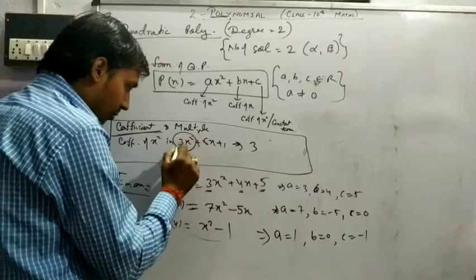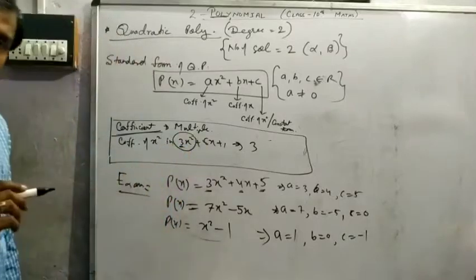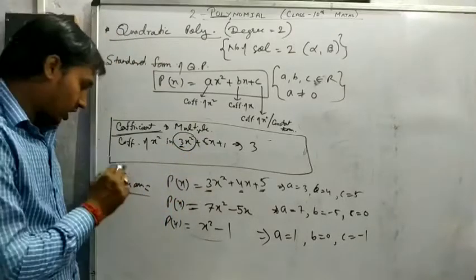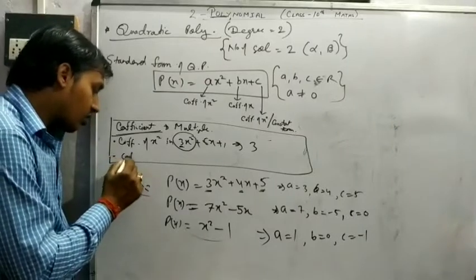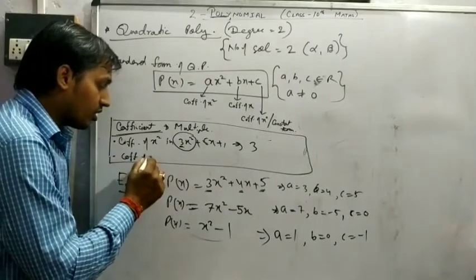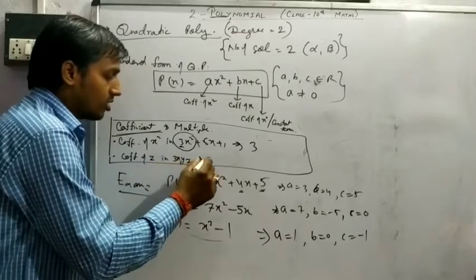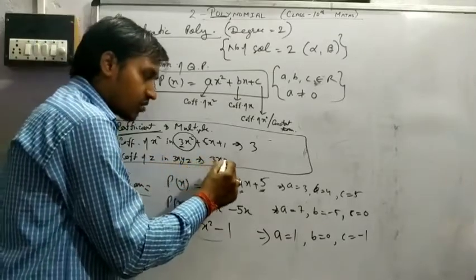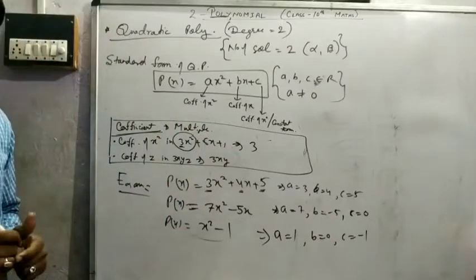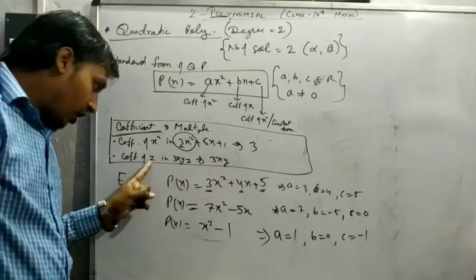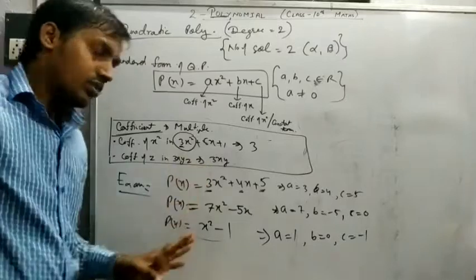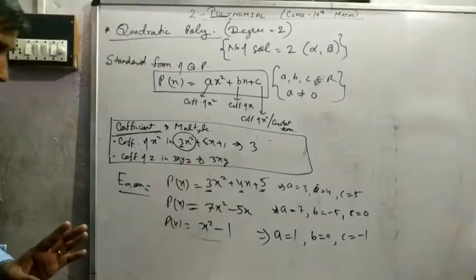That is 3. So the coefficient of x square is 3. If I say the coefficient of z in 3xyz, that means 3xy. The multiple of z means 3xy. That is the coefficient.